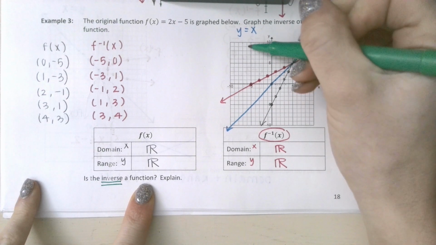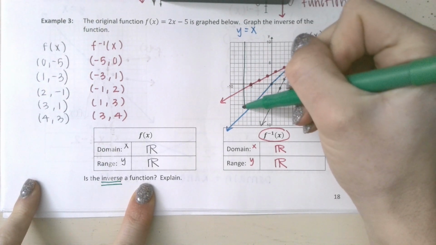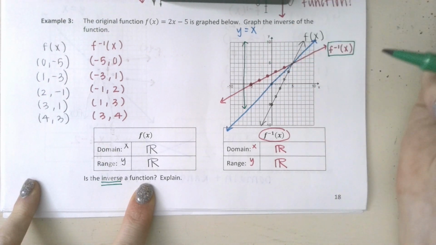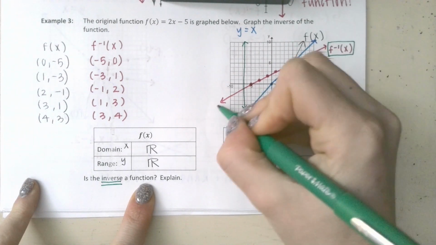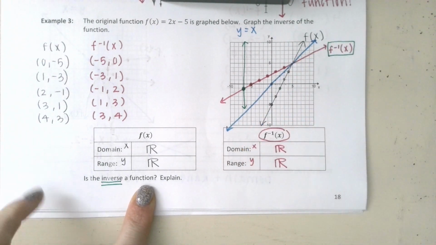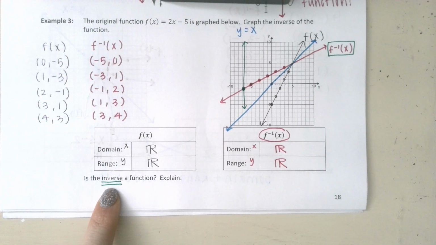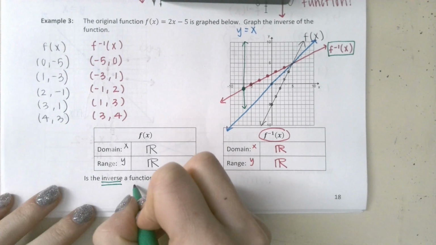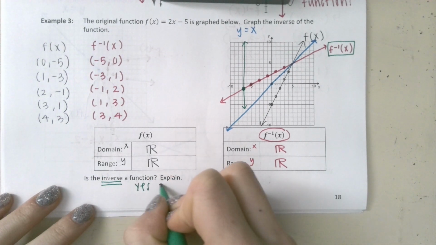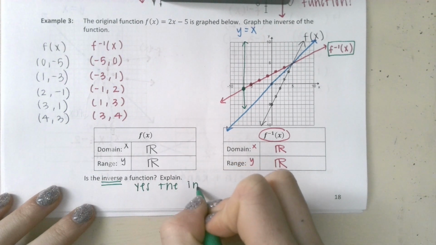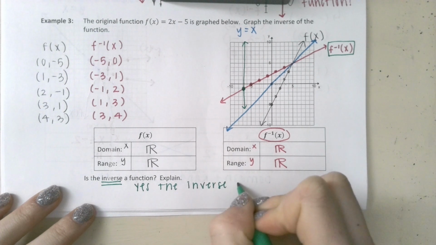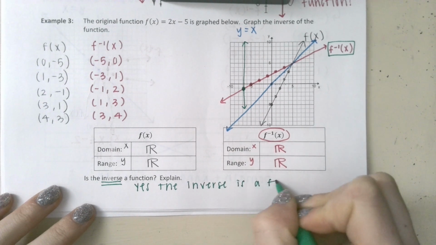So if I were to draw in a vertical line somewhere, how many times would that vertical line cross the inverse? Well, it would only cross it one time. So this means that the inverse is a function. So we'll say, yes, the inverse is a function.